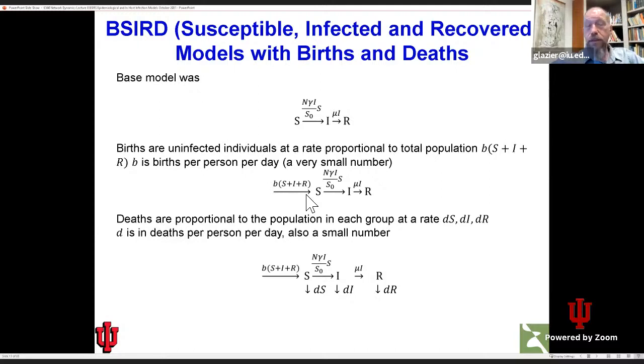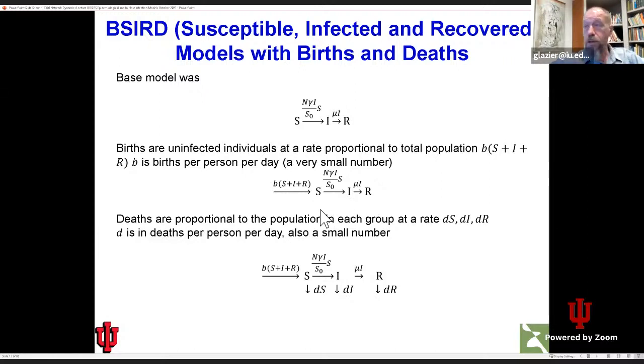And we'll assume that S, I, and R individuals can all give birth. And we're going to assume there isn't maternal transmission of the virus from the mother to the child. So the new births will all come in the S phase. They won't come in as I or R.